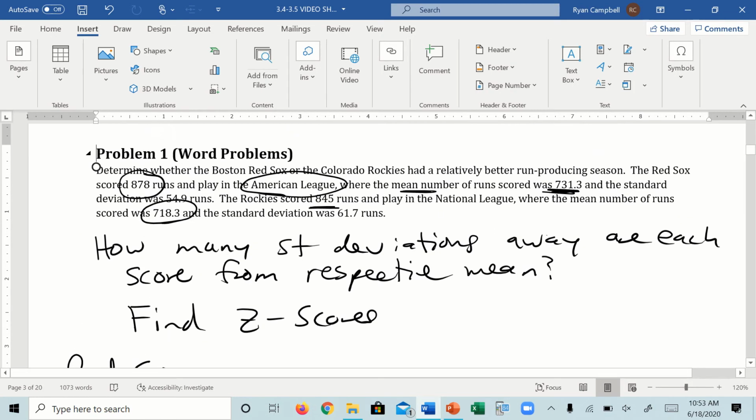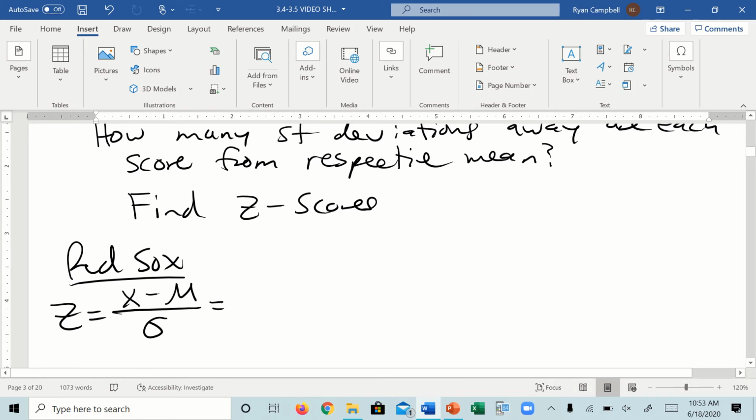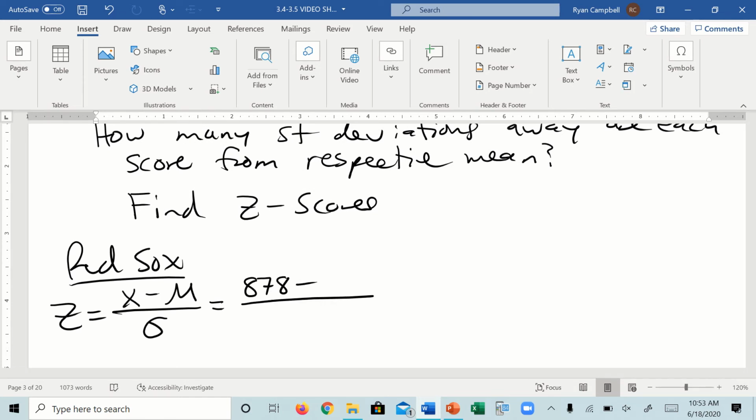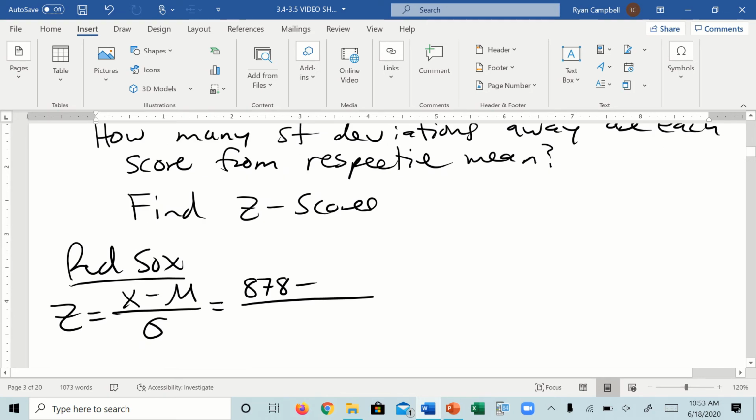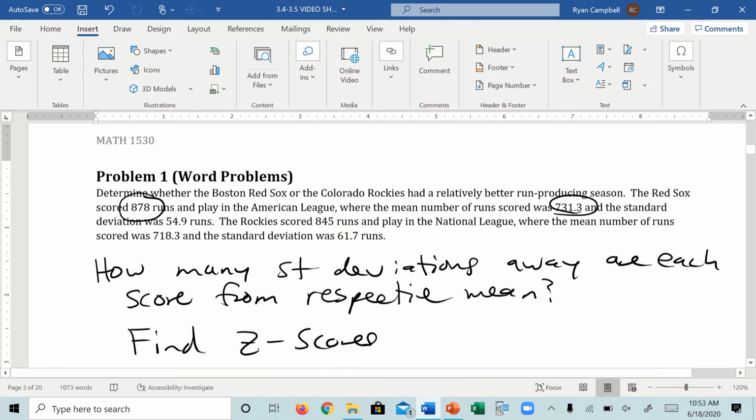So for the Red Sox, what was their value? How many runs did they run? So they did 878. So 878 minus, what was the mean for their league? So the American League, the mean was 731.3 divided by the standard deviation.